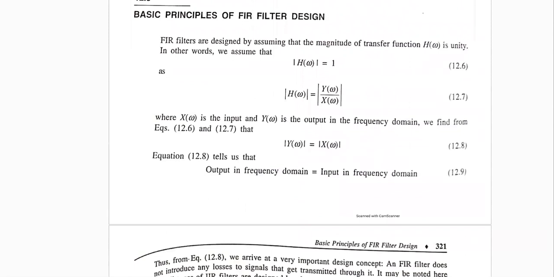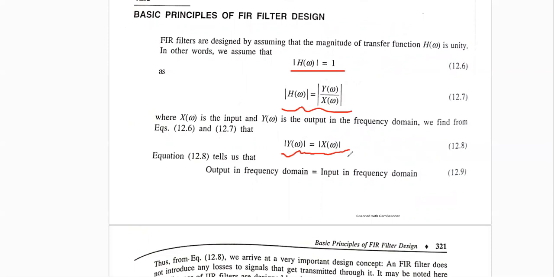At the very beginning, we can just mention that for the pass band of the FIR filter, we determined the system response, the magnitude response of the pass band should be equal to 1. From there, we can justify this Y(ω) is equal to X(ω) from the magnitude point of view. That means input is equal to output.